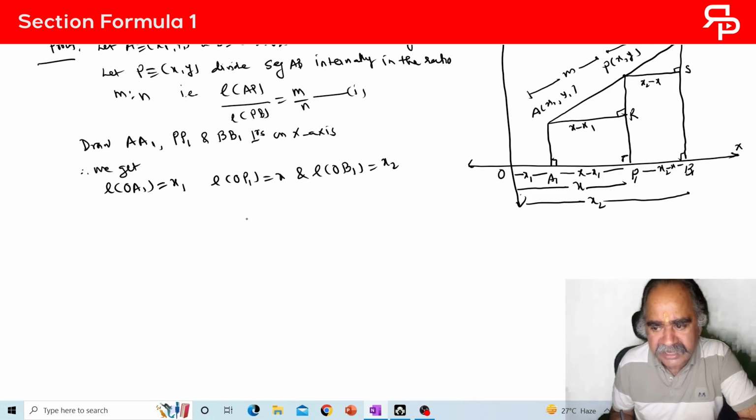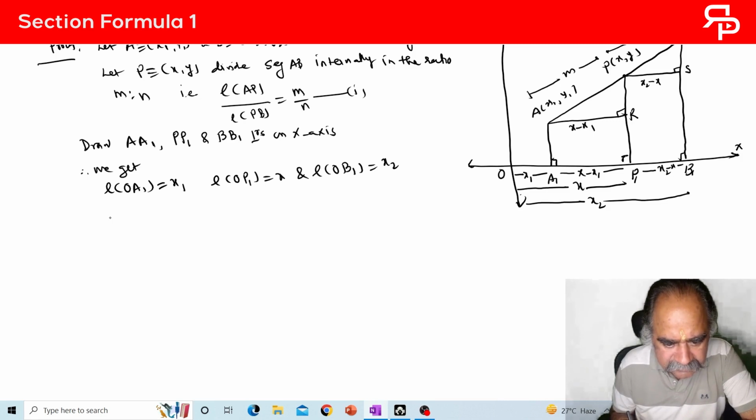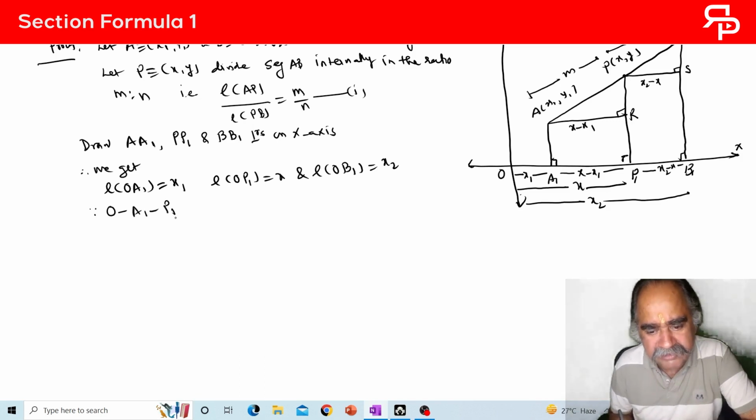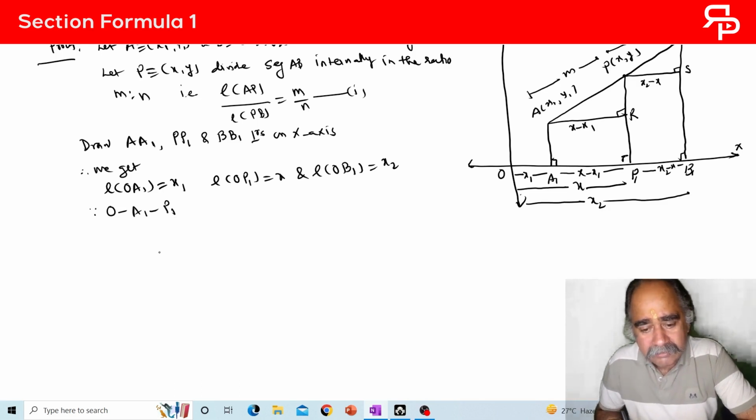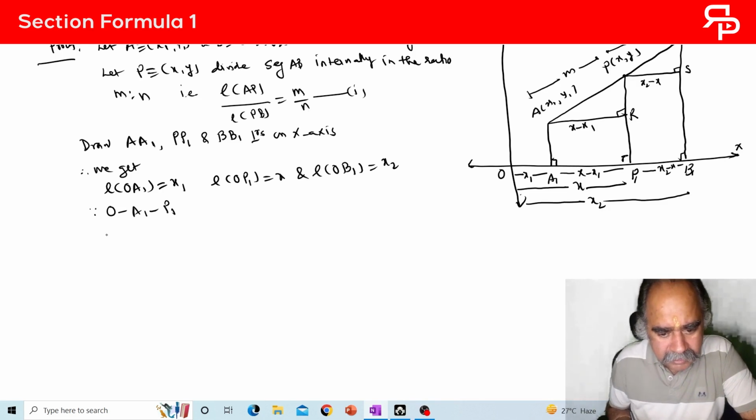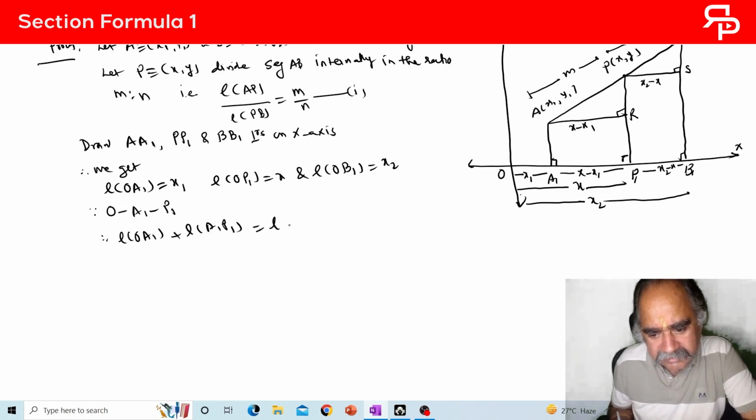We want triangle ARP. For that, we require length AR. Since O-A1-P1, again same thing as I told in my last video lecture, points are collinear, A1 lies between O and P1. Therefore, length OA1 plus length A1P1 is equal to length OP1.